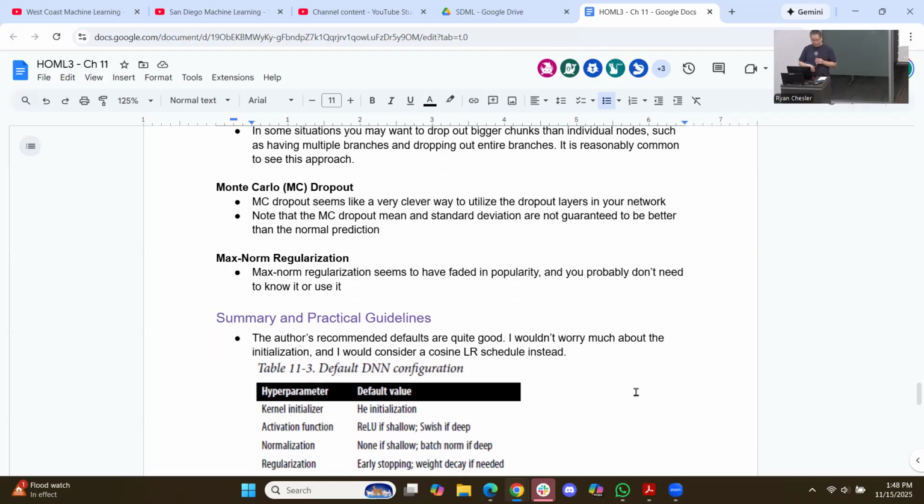I don't think Monte Carlo dropout is important, but personally, I think it's wicked cool. The idea that somebody figured out, oh, we can actually use this dropout thing a lot like a random forest model, where we just get a whole bunch of ensemble independent predictions, and we can see what's the average of these predictions, and we can even see how much spread there is.